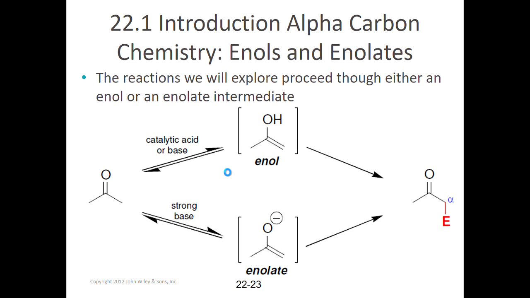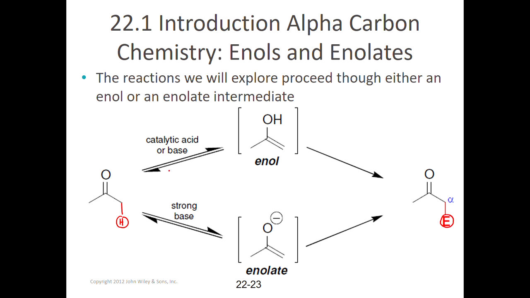And what those reactions rely on is the fact that a proton on the alpha carbon is somewhat acidic. So a proton is going to have to be removed, one way or the other, if we're going to replace it with some electrophile.